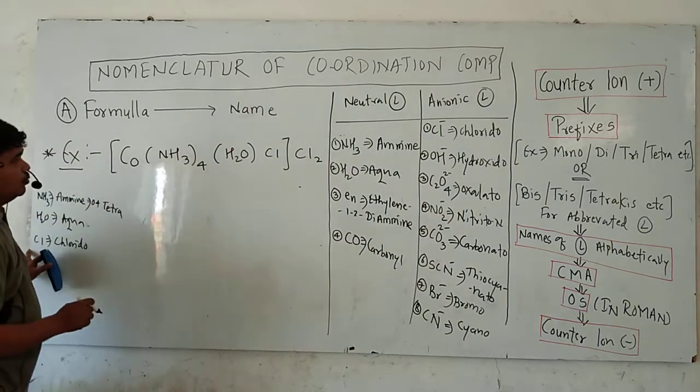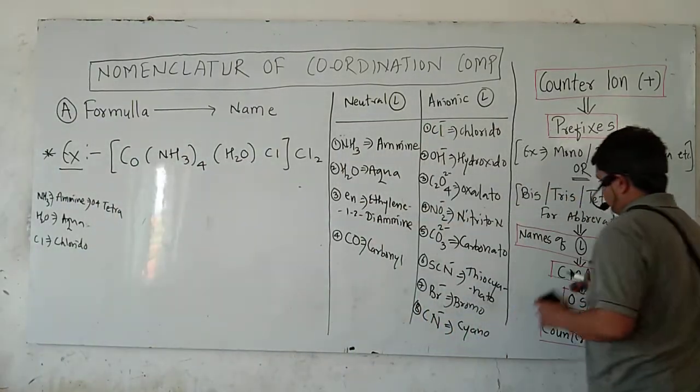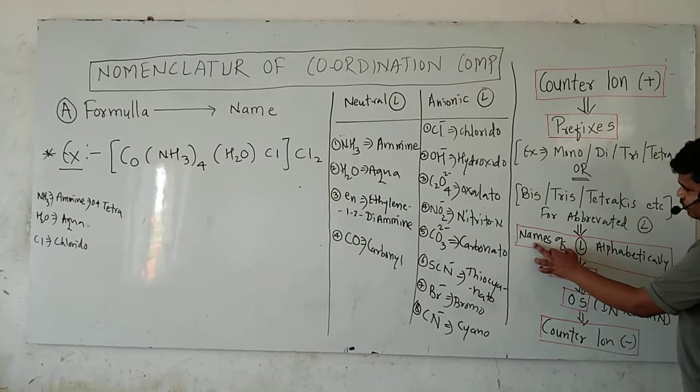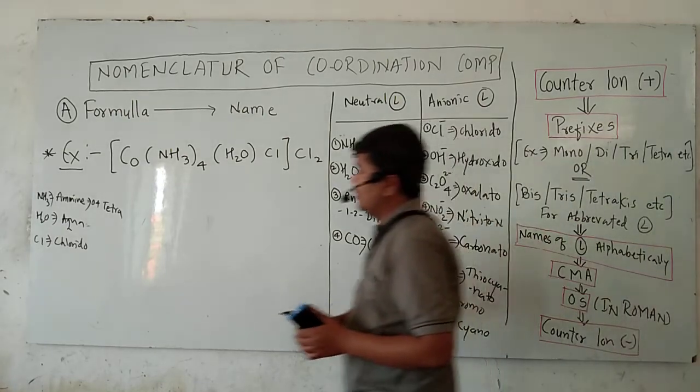Okay, now after writing these prefixes, what we will have to write? We will have to write names of ligand alphabetically. Now alphabetically, which will come first?